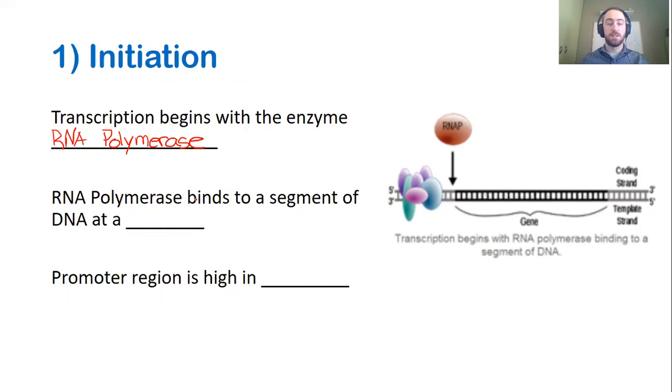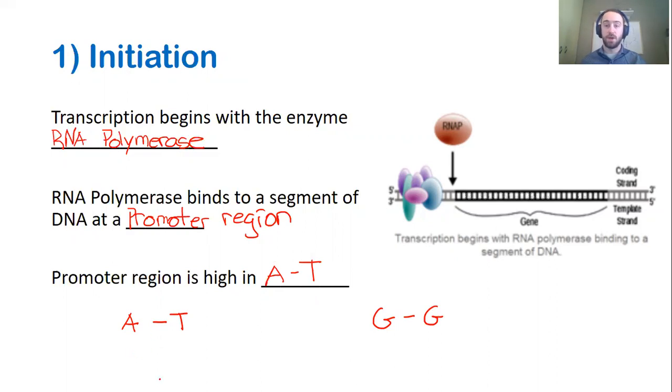So RNA polymerase binds to a segment of DNA at a promoter region. Promoter regions are high in A and T base pairs. Now, why would you think that they are high in A and T pairs? Well, if we remember, what binds together A and T versus G and C? They're both bound through hydrogen bonds. However, how many hydrogen bonds?